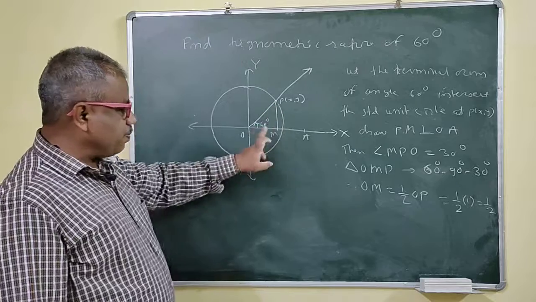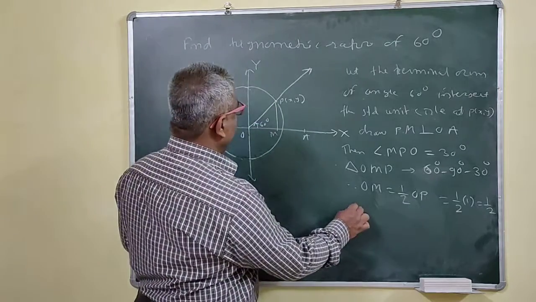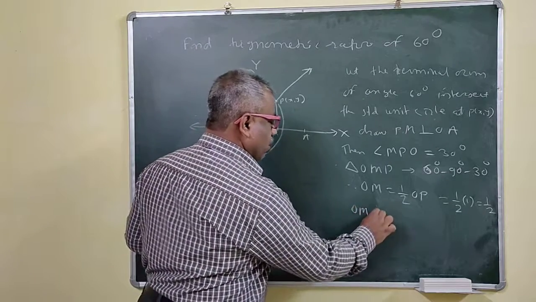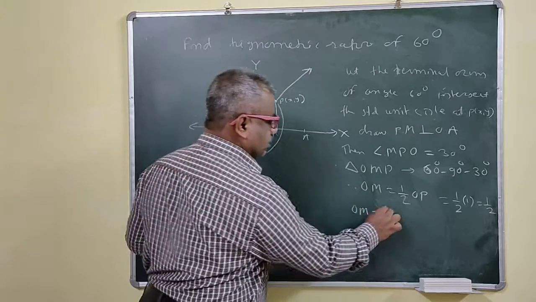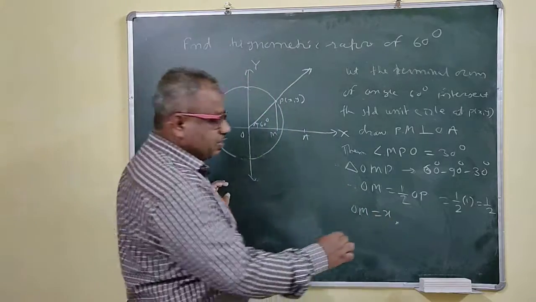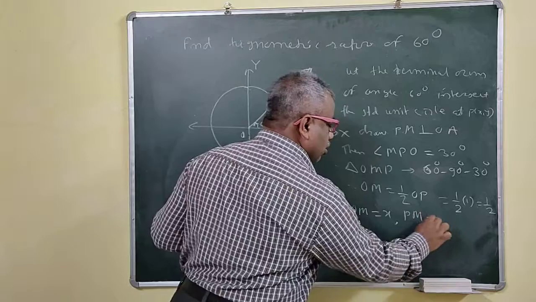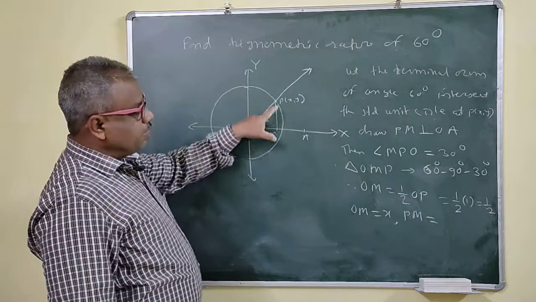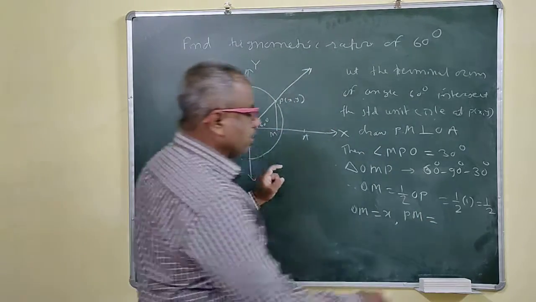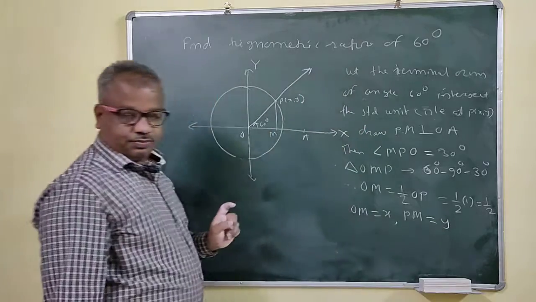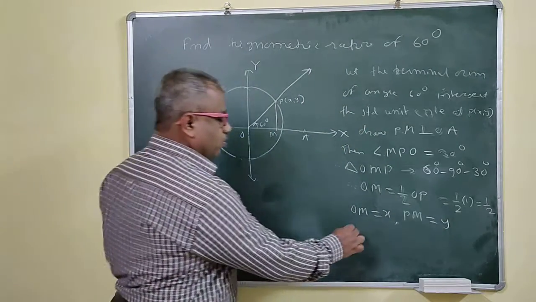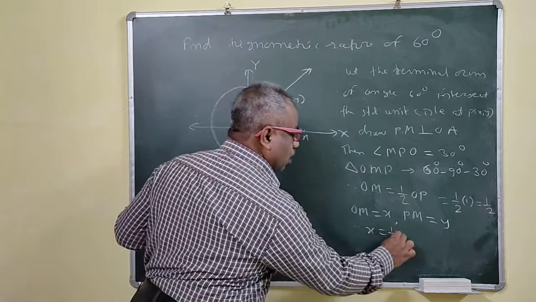Now this PM is perpendicular to the x axis, so OM is equal to x, and PM, the perpendicular from the x axis, is the y coordinate. So therefore x is equal to half.